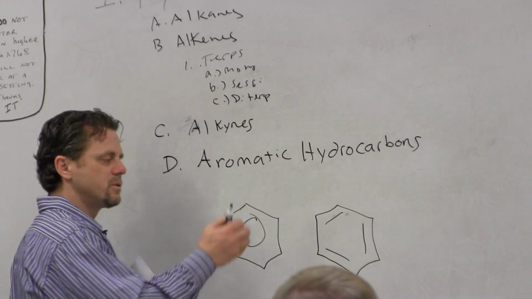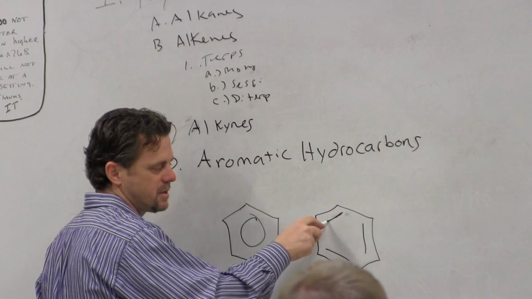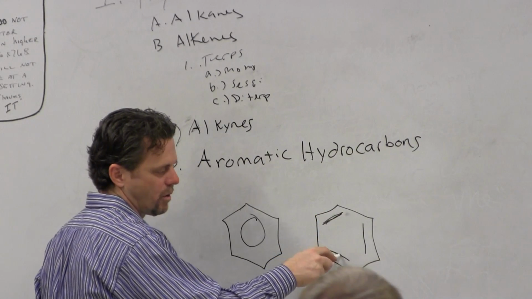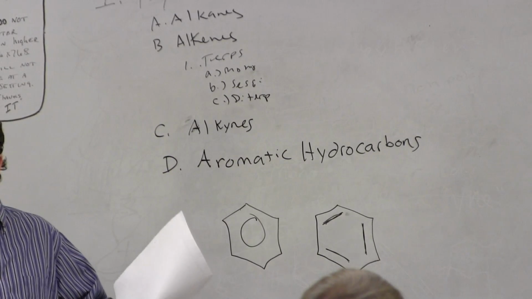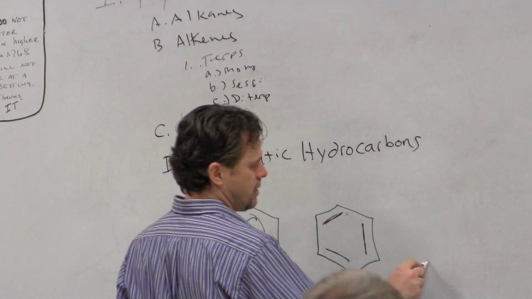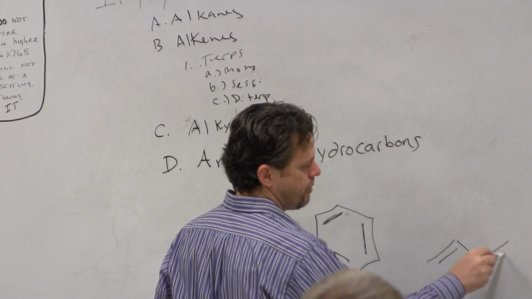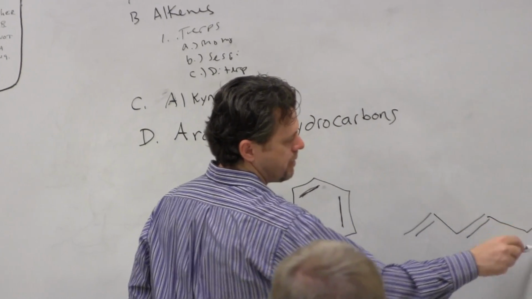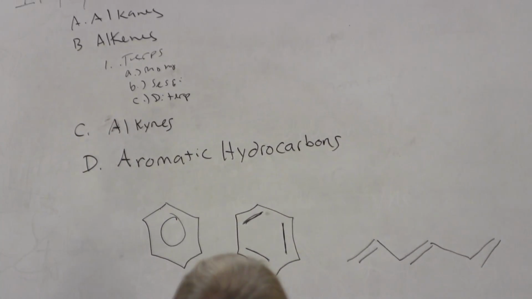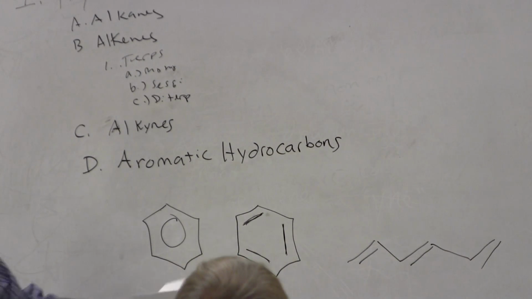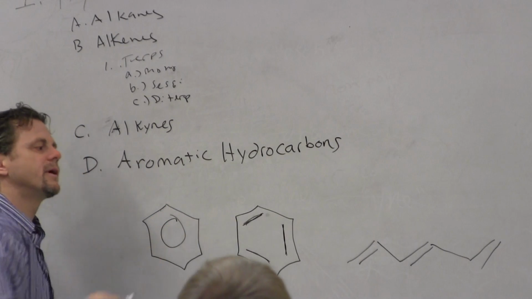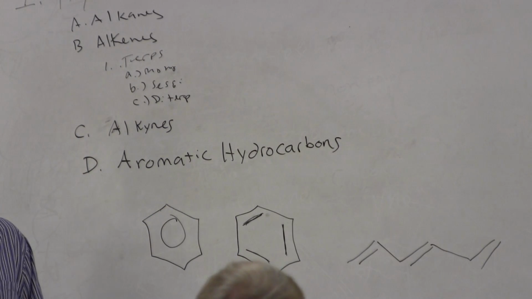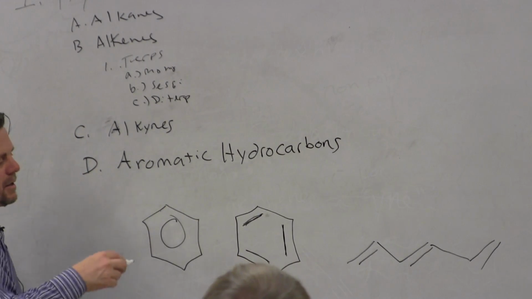So in other words, when they figured out, hey, this is what the structure should be according to all the chemical tests we've done, but yet it's way less reactive than, say, that, which is also conjugated. Why is that so much less reactive? Well, it's because of this aromaticity, we call it, that gives it extra electronic stabilization.